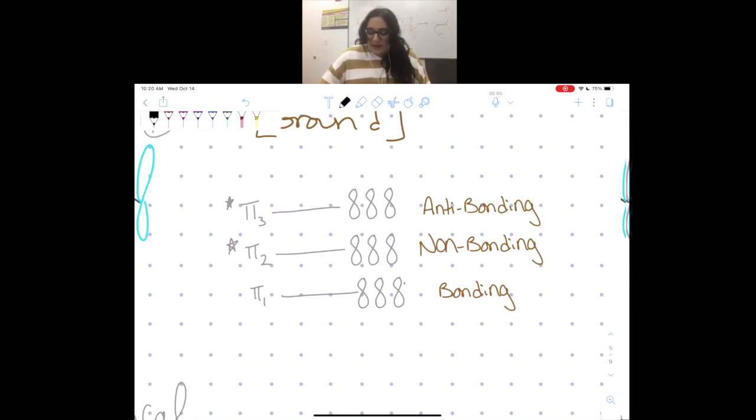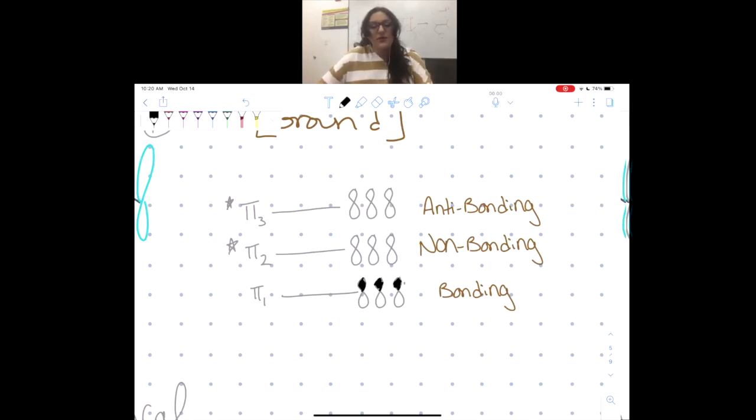We know that on the bottommost energy level, all of these orbitals will be shaded in on the same side. So it has the lowest energy. We're going to add a node in the second energy level.